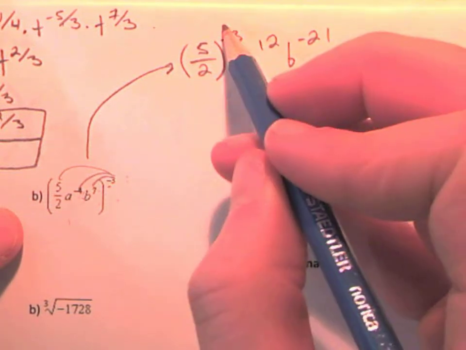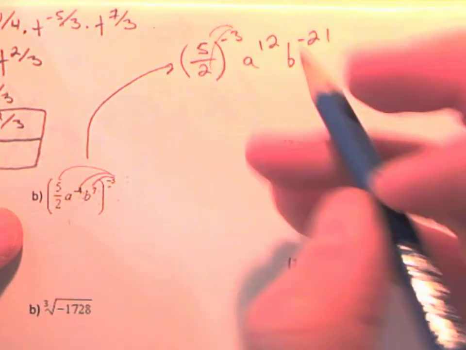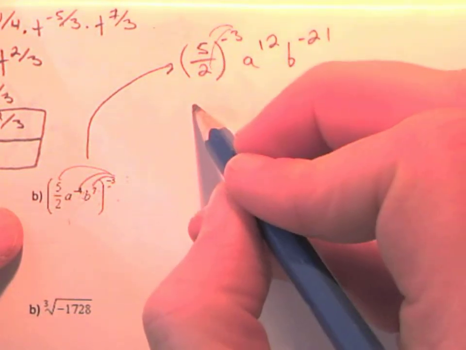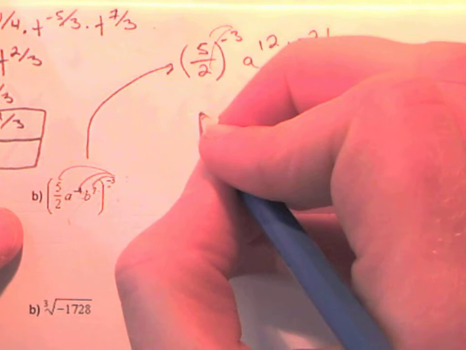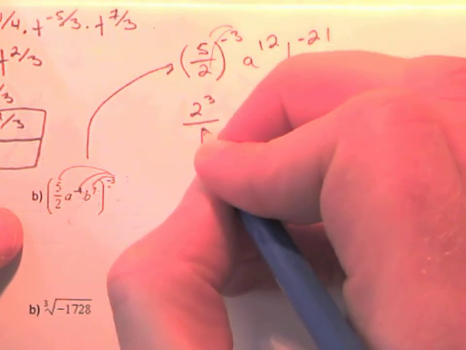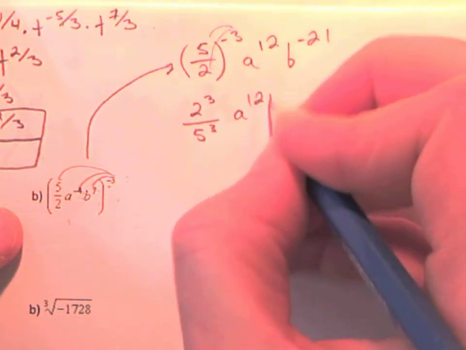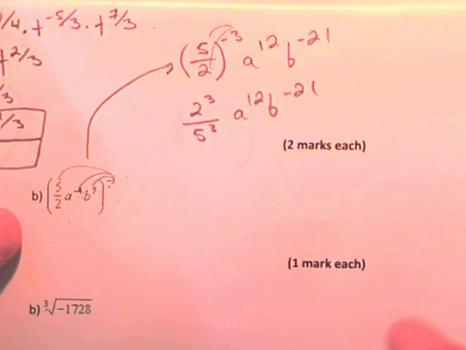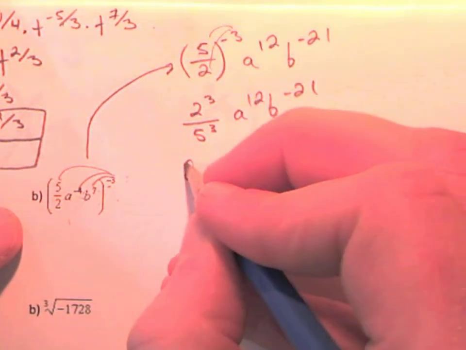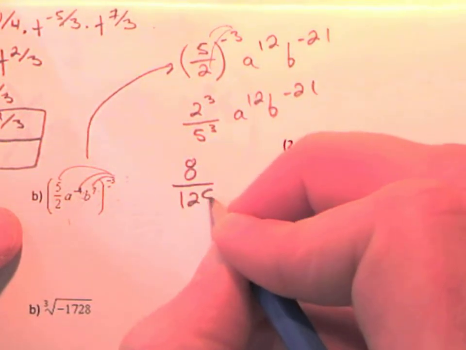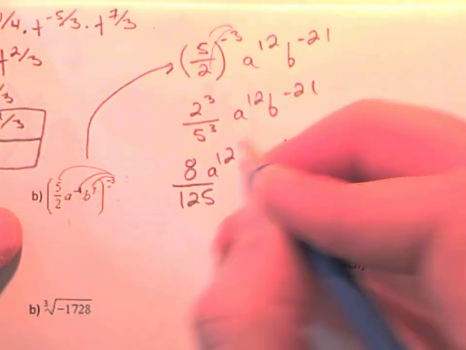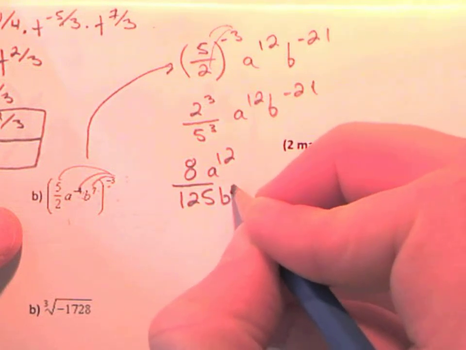And then I can distribute this into those two, which is going to be 2 cubed over 5 cubed, a to the 12, b to the -21. 2 cubed is 8, 5 cubed is 125, a goes on the top, and this is a negative, so b goes on the bottom.